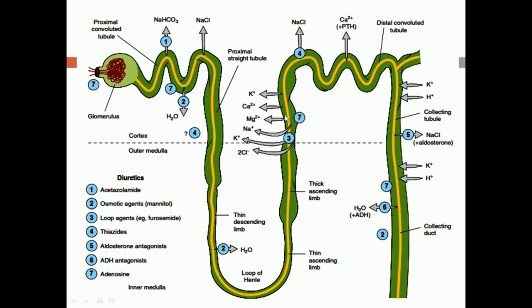The different ions are being reabsorbed in these segments. Here is the glomerulus, where filtration occurs. The fluid comes, rich in substances. 99% of the load is reabsorbed. Reabsorbed means that it goes back to the blood.